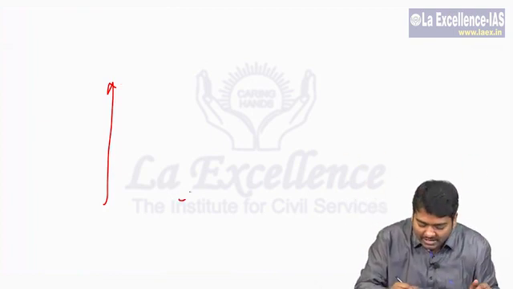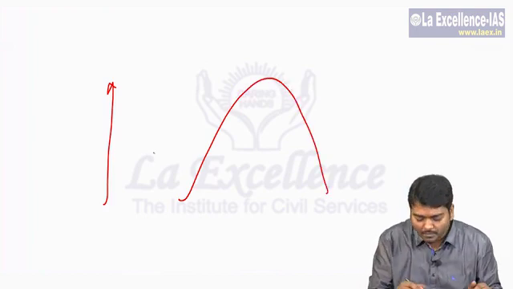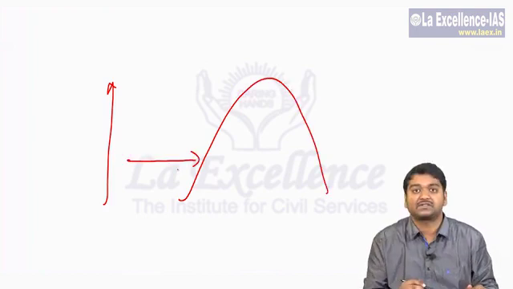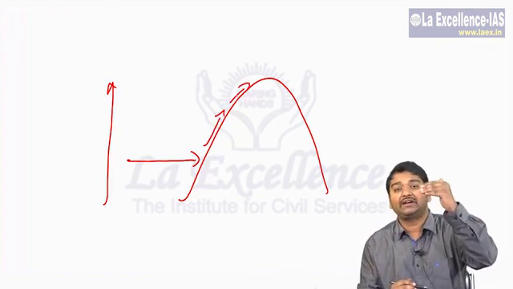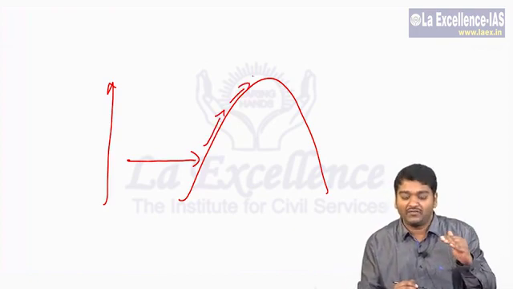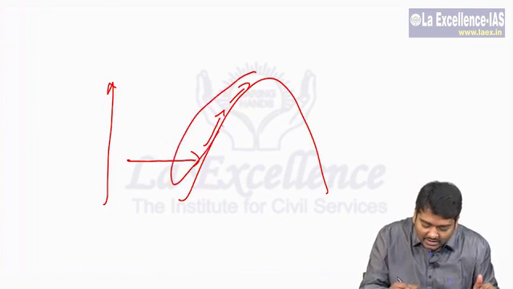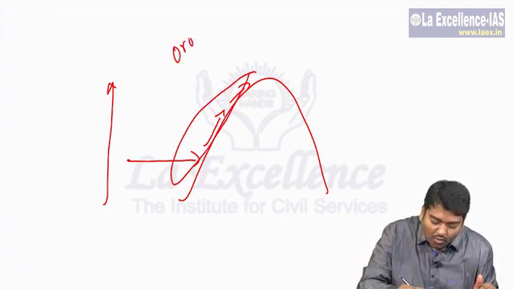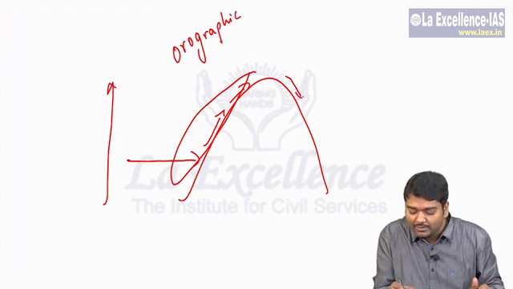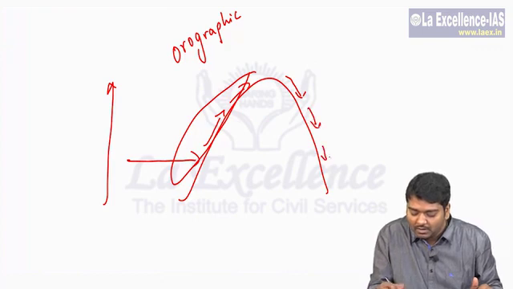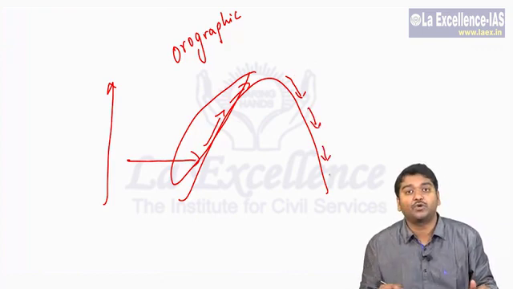One is because of the temperature. It heats, so warm air rises, cools, and it gives rainfall. Second, let me take you have a mountain. Air came and hit this. So air started moving above. So when air started rising above, it cools and it gives rainfall. This is called orographic rainfall. Now once it crosses, what will happen? It will come down. Whenever air comes down, what will happen?